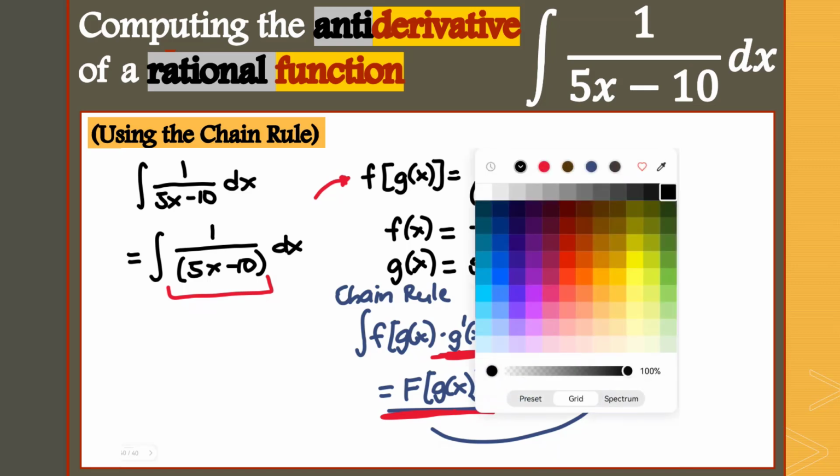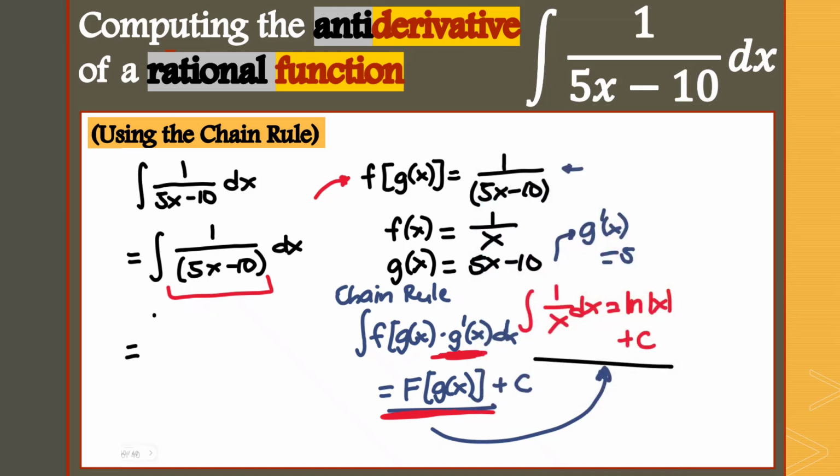So going back here in our given, you have here the integral of 1 over 5x minus 10. Okay, then you're going to apply here times your 5 before your dx. We're doing this so that we can use the chain rule because we have established that the given can be expressed as a composite function using 1 over x instead again of the negative exponent.